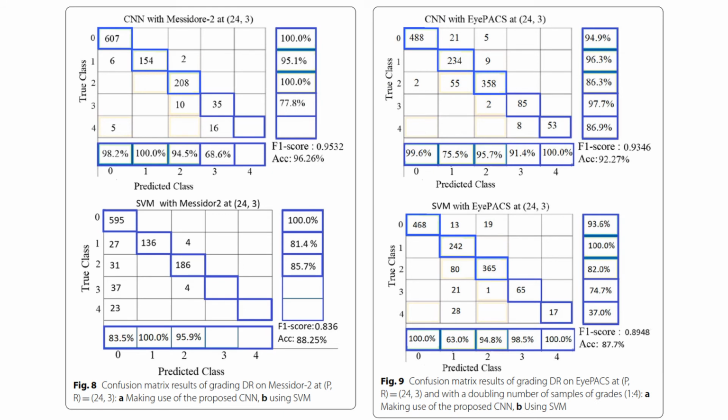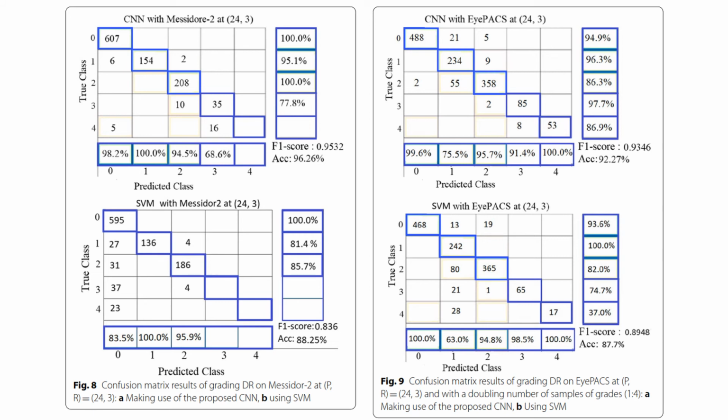In the case of grading classes of retinopathy, as shown here for Messidor 2 at pair 24, 3, it shows an F1 score of 95, and in the case of the Kaggle database with 24 and 3, we got 93 for the F1 score.